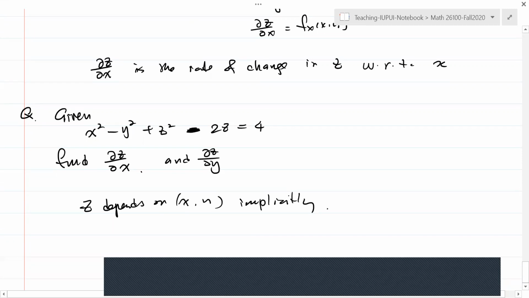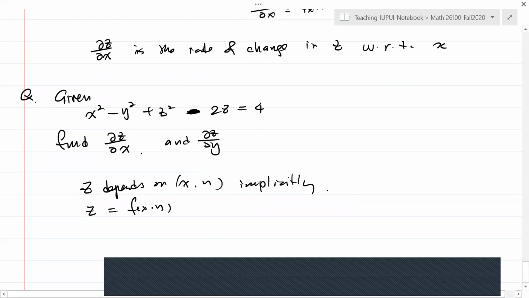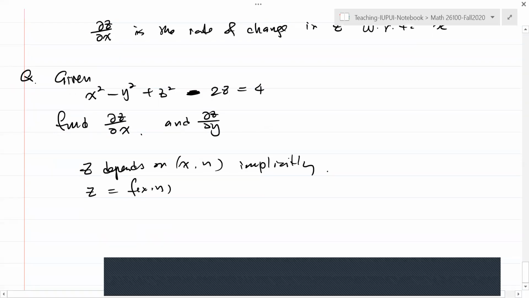So z actually is going to be a function of x, y, but I don't want to write the formula for f. Sometimes it's solvable, sometimes you cannot use elementary functions to express it. You can only use an equation like that to describe the dependency. But I still can find the partial derivative of z with respect to x. I still can tell the rate of change in z with respect to x. How can I do that?